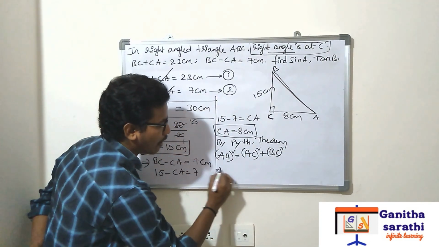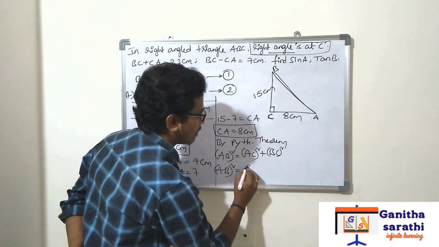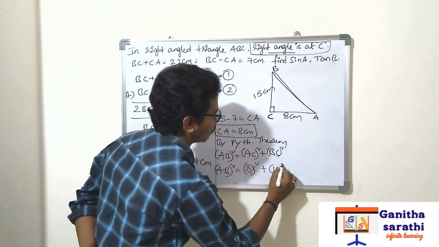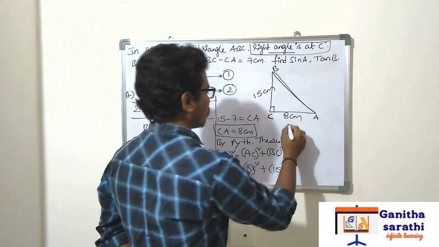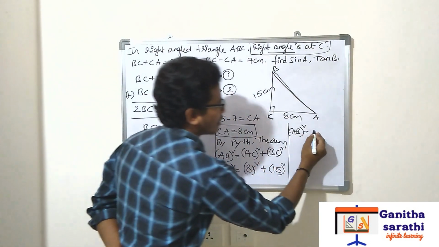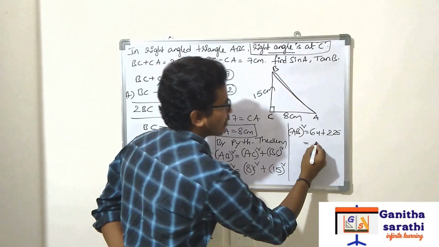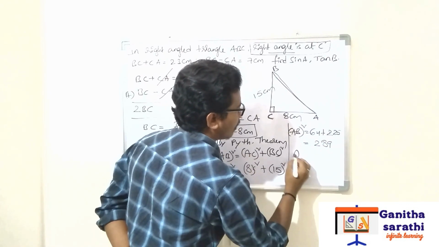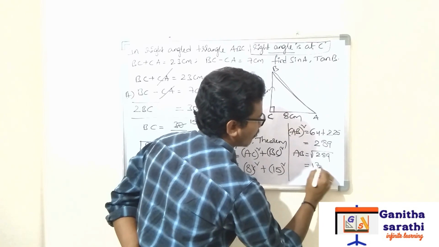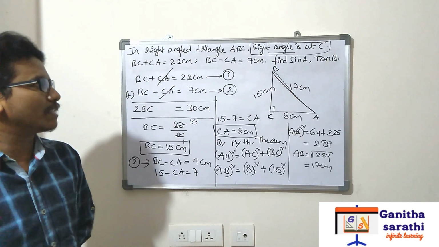AC is 8 centimeters, so 8 square, plus BC is 15 square. AB square is equal to 64 plus 225, which is 289. AB is equal to square root of 289, that is 17 centimeters.